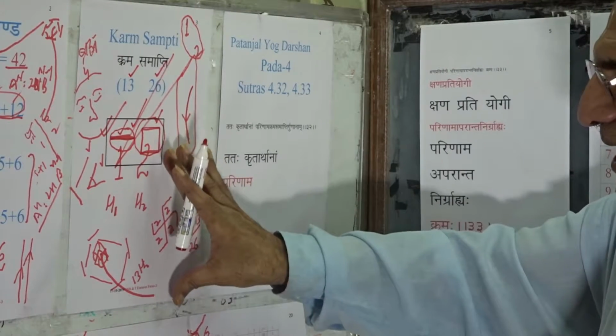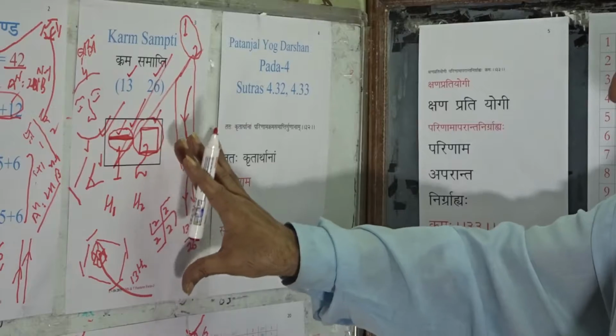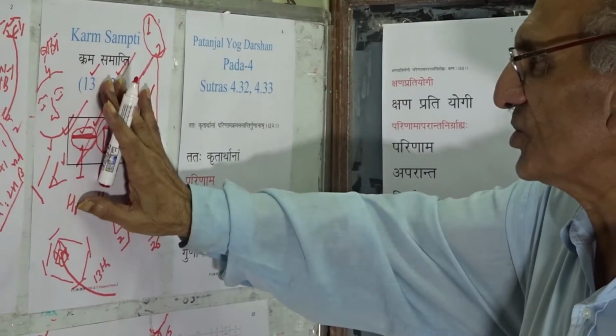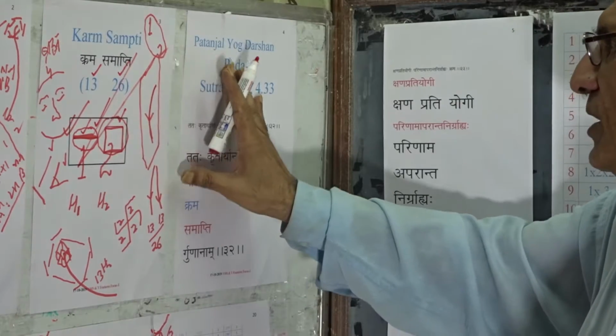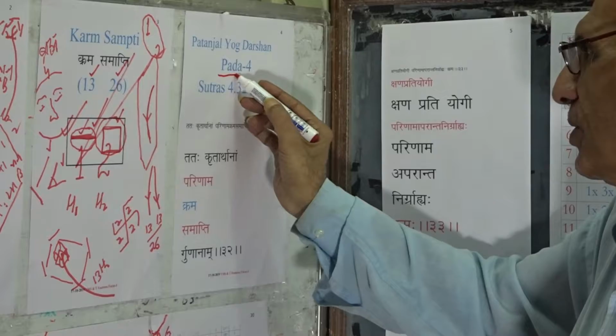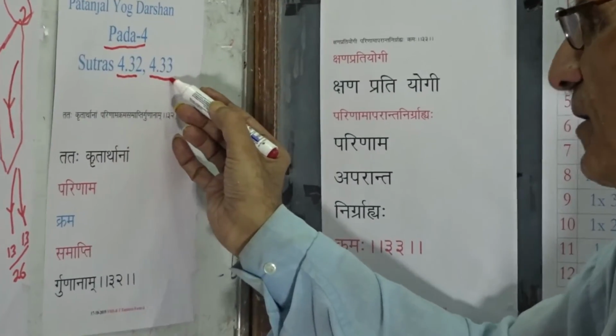Once we are at this comprehension, once we are at this particular format, then we have to reach the Patanjali Yoga Darshan, Pada 4, Sutras 432 and 433.